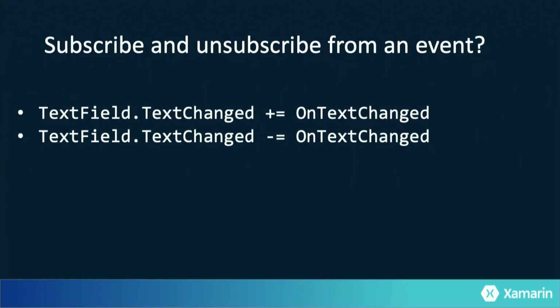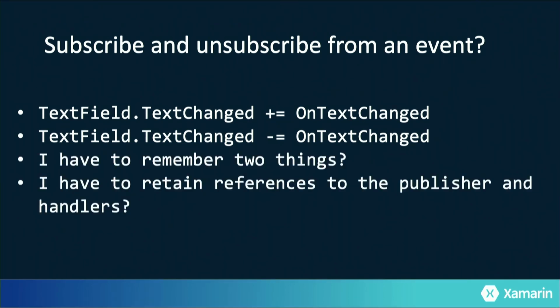So yeah, basically, you subscribe and unsubscribe from an event, right? That's the semantics of it. But the semantics are a little gnarly, I feel like, because one, you have to remember to do two things.